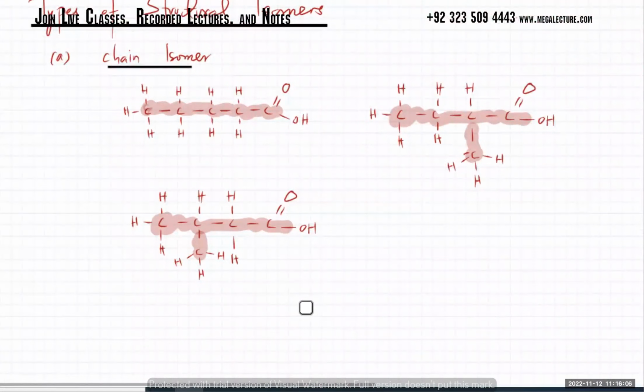What you can have is chain isomer specifically. You can have 3 carbon atoms in a straight line, and there's going to be a double bond over OH. Or there's going to be 2 branches of carbon, one over here, the other one on the top.